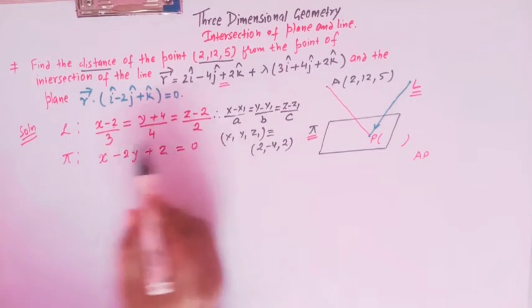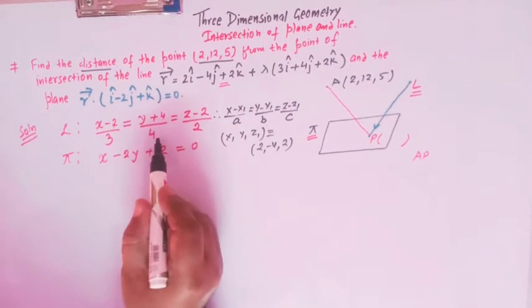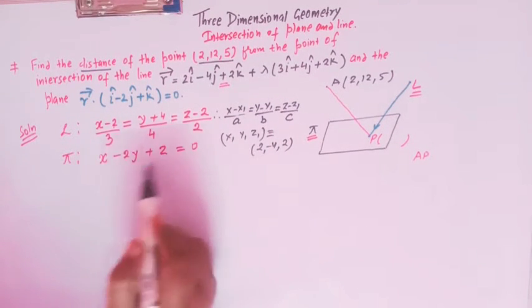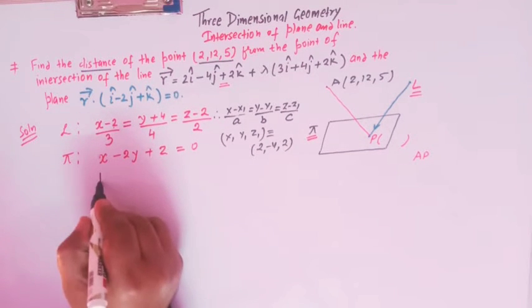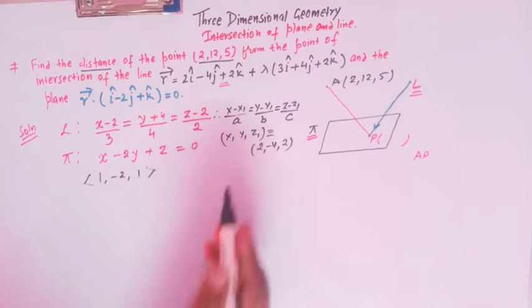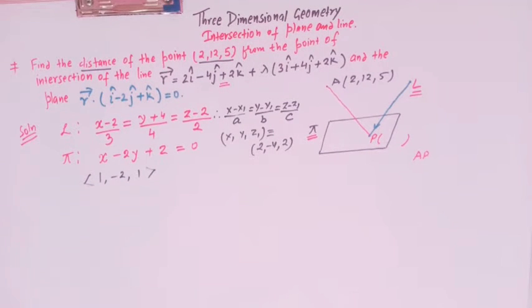The DRs of the line are 3, 4 and 2, and the DRs of the normal to the plane are 1, minus 2 and 1. These are the informations we can draw from the equations of the line and the plane.